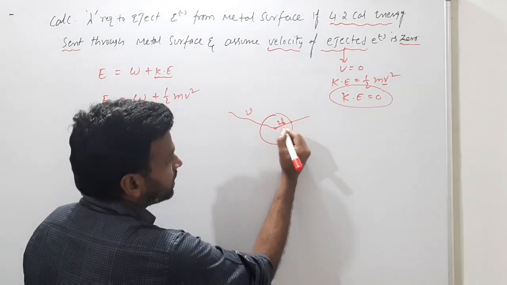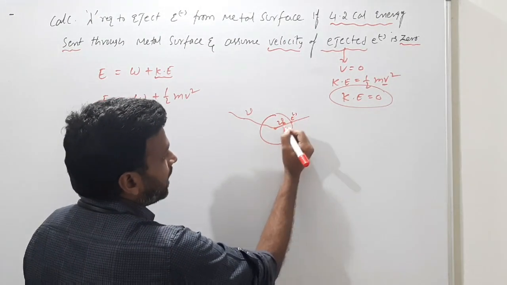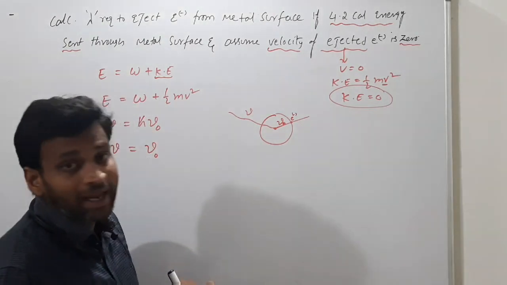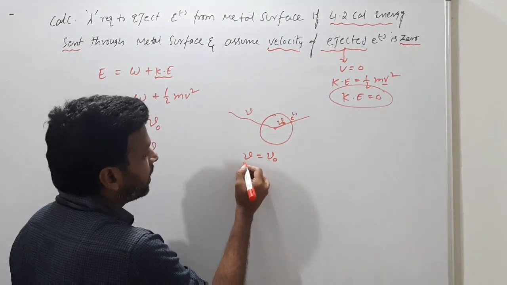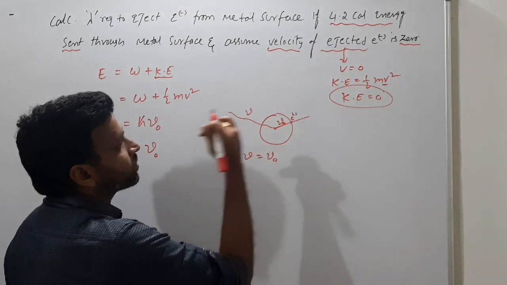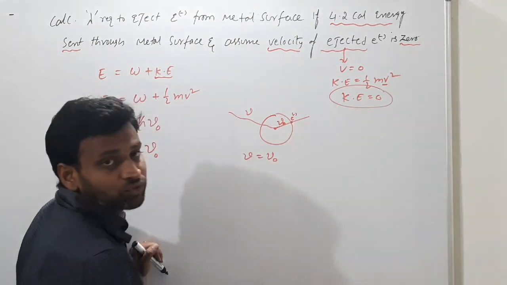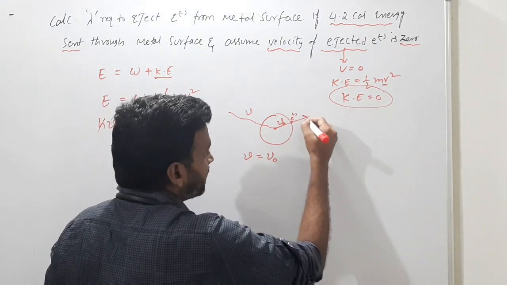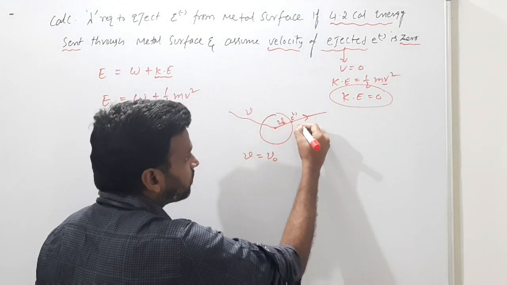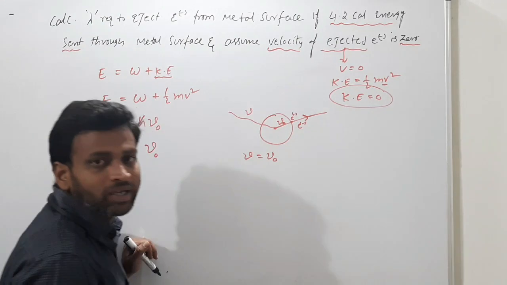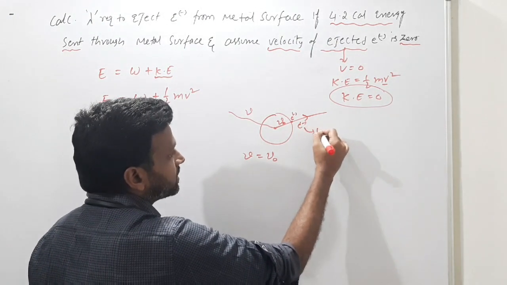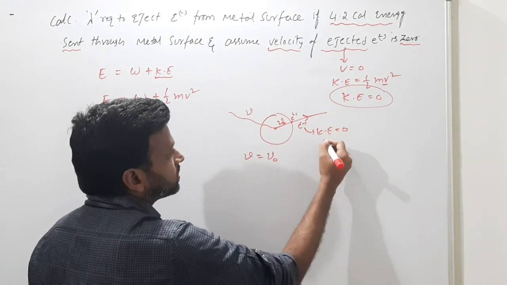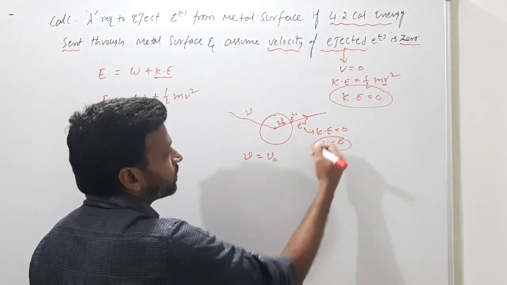Here nu becomes nu naught, which means the total energy you send is utilized only to overcome these attractive forces. Therefore the ejected electron will fall down like this, with energy 0, so velocity 0 and kinetic energy 0.